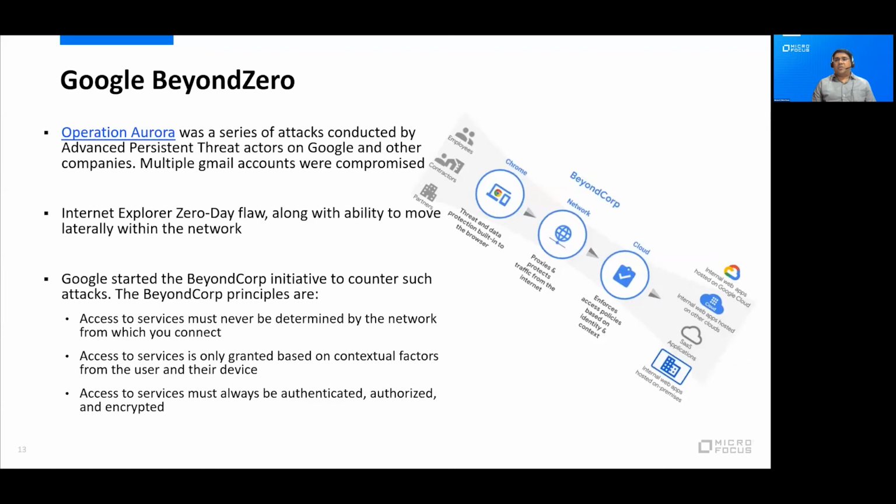On the systems and services that were attacked, they found some files that had the name Aurora on them. So they called it Operation Aurora, and the impact was on multiple companies. A lot of these enterprises detected that this Aurora attack had happened, right?